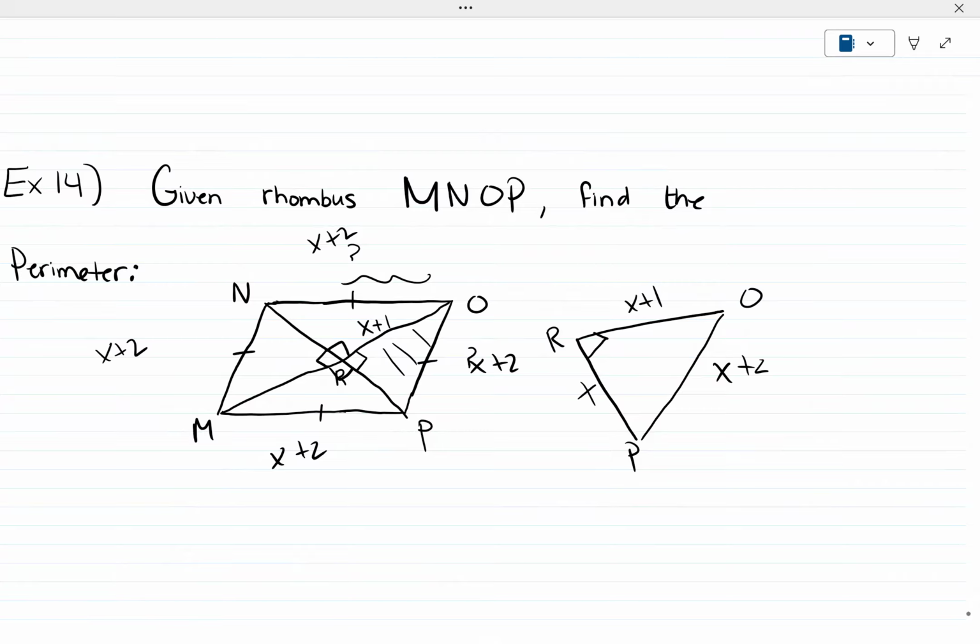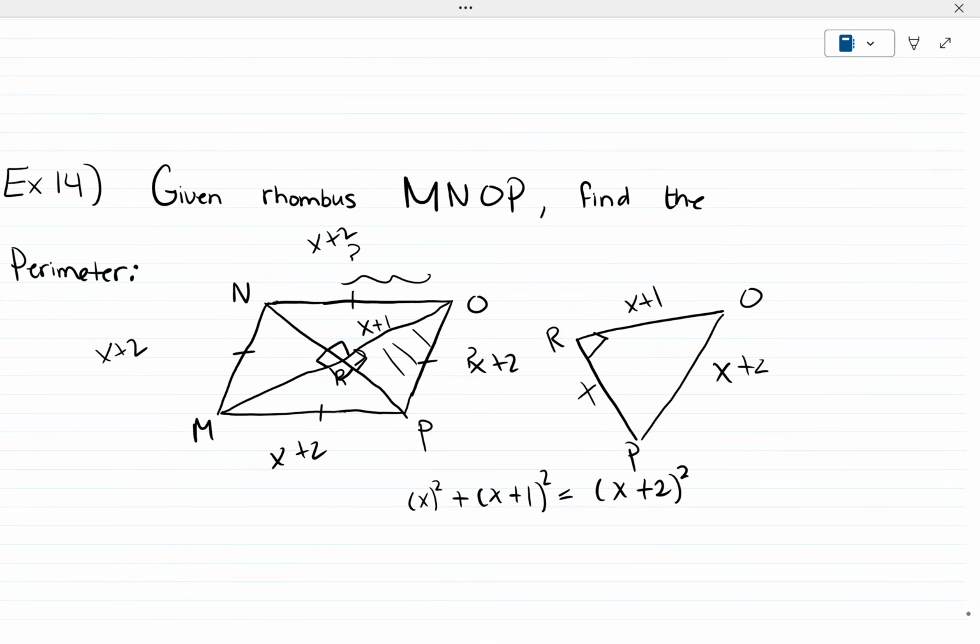But we do know that this triangle forms a 90-degree angle because the perpendicular forms 90 degrees. Since it forms a 90-degree angle, you can use the Pythagorean theorem. So you could say x squared plus x plus 1 squared equals c squared, which is x plus 2 squared.